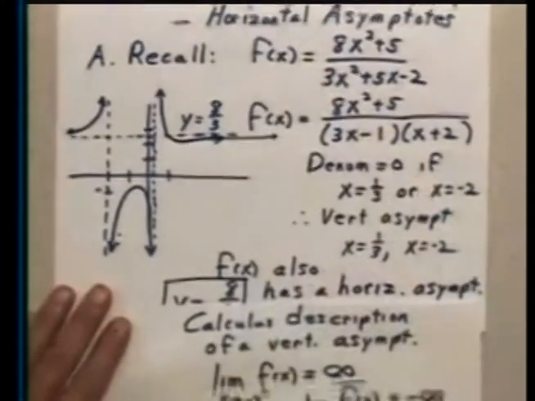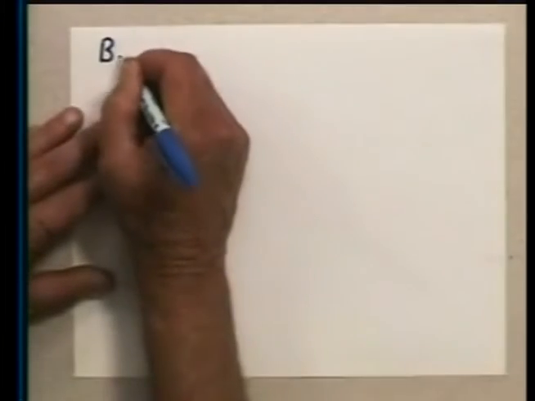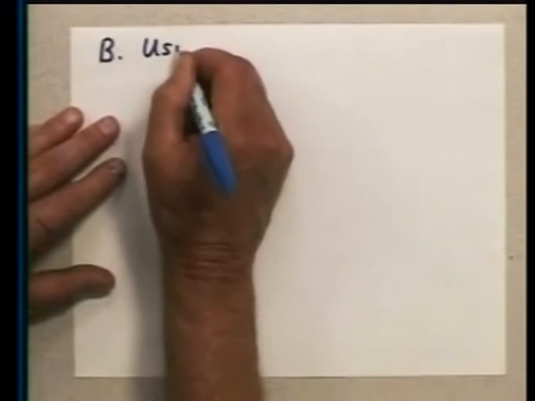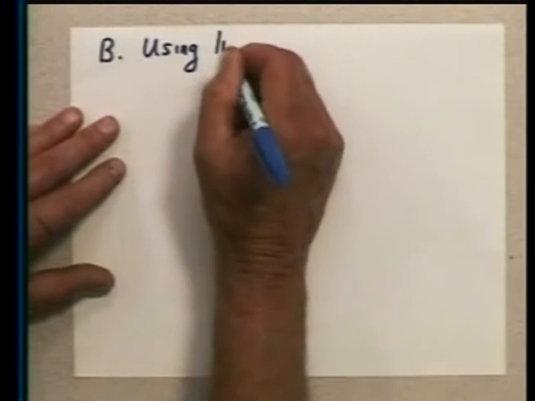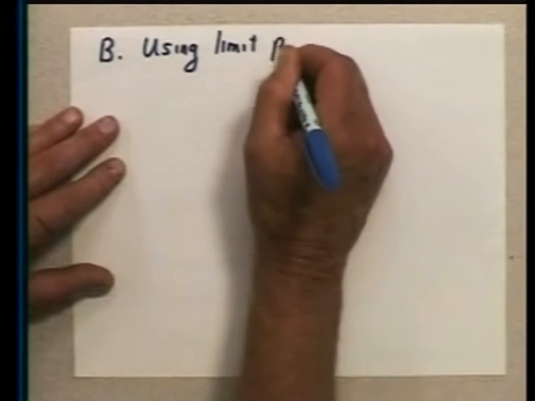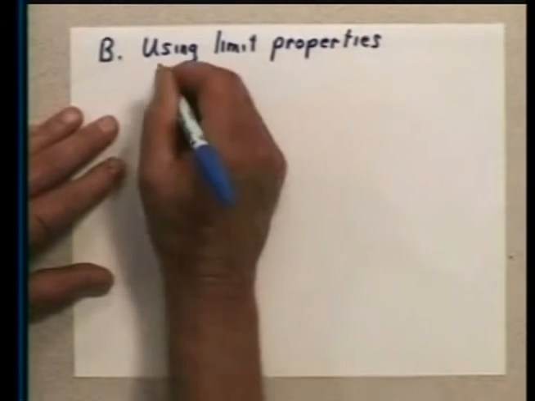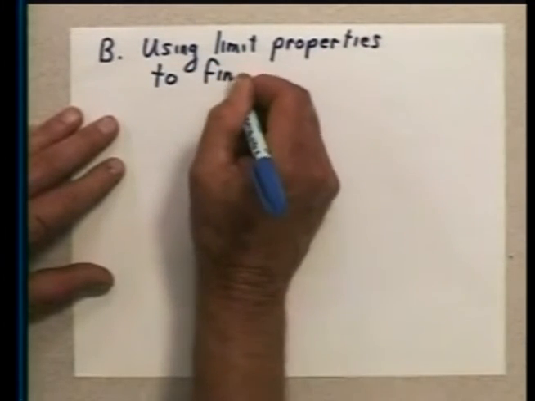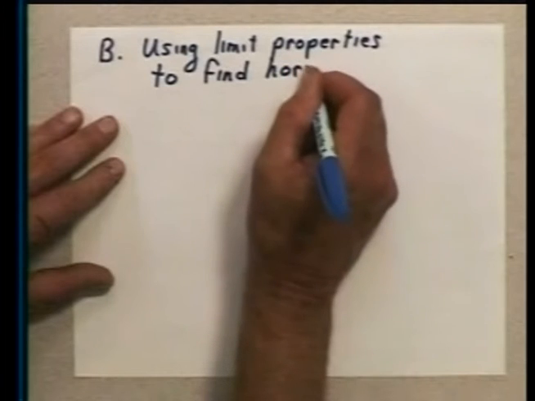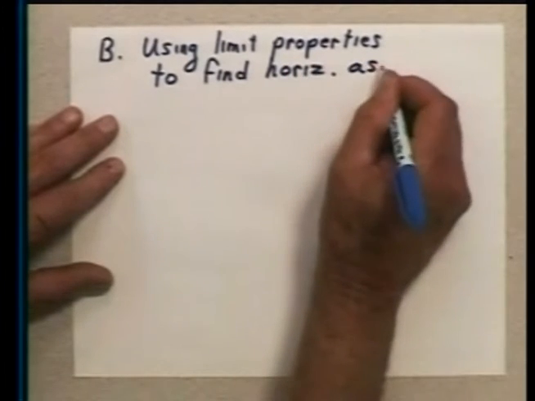Okay, we can justify that now using limits and calculus. So this is B, using limit properties to find horizontal asymptotes.